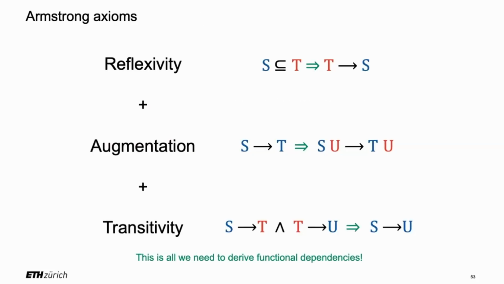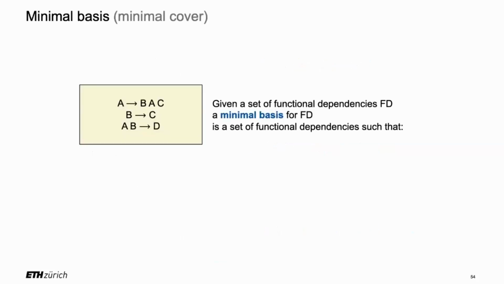Are we good? So now, if I give you sets of functional dependencies, you can use these rules and just derive new ones or replace some functional dependencies with other functional dependencies. What is that good for? Well, we're in Switzerland, right? We love to clean up things, right? And tidy things up. So that's exactly what we are going to be doing now. We are just going to tidy up sets of functional dependencies, right?